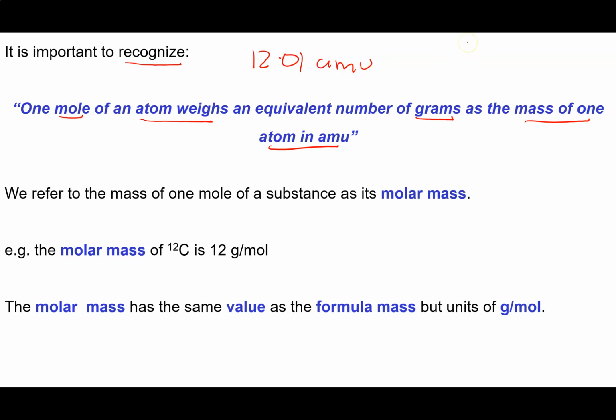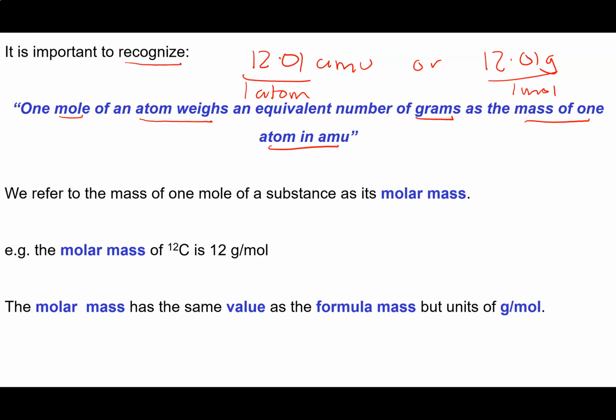So a mole of carbon atoms has a mass of 12.01 grams. So 12.01 AMU for 1 atom, but 12.01 grams for 1 mole of average carbon atoms, right?